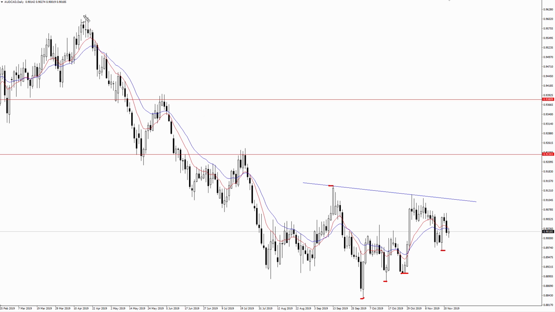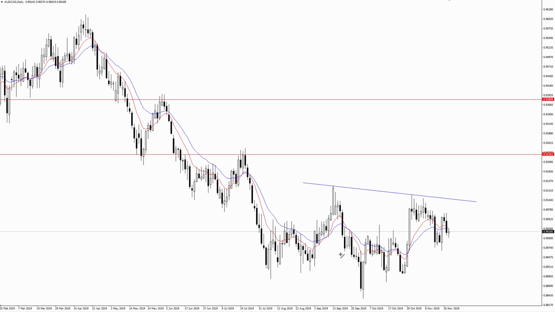So notice again, back here, these were lower highs. This was a lower high, and this was technically still a lower high. So until we see that move up, break of the neckline, a higher high, we don't yet have a confirmed reversal from the Australian dollar versus the Canadian dollar.